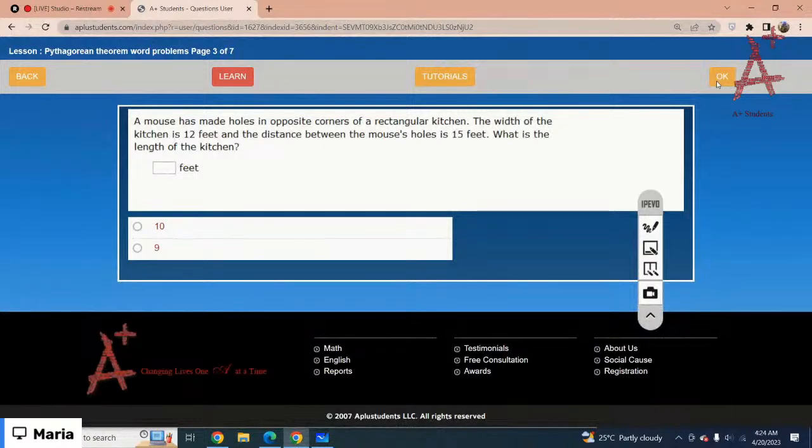A mouse has made holes in opposite corners of the rectangular kitchen. Width of the kitchen is 12 feet and the distance between the mouse holes is 15 feet. What is the length of the kitchen? You have to find the opposite. Got it? Hypotenuse is 15 and opposite is 12.